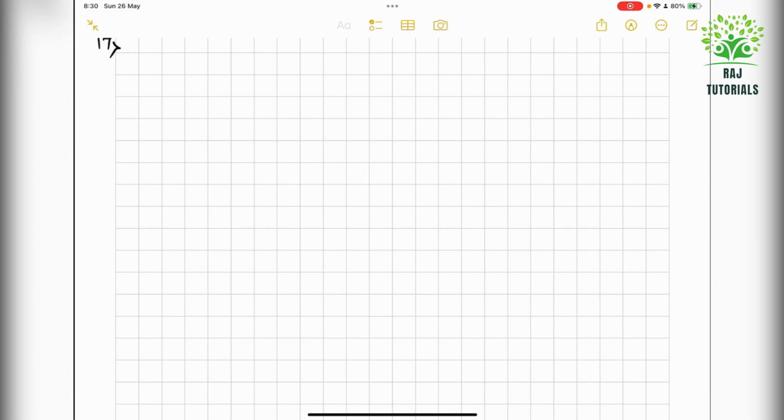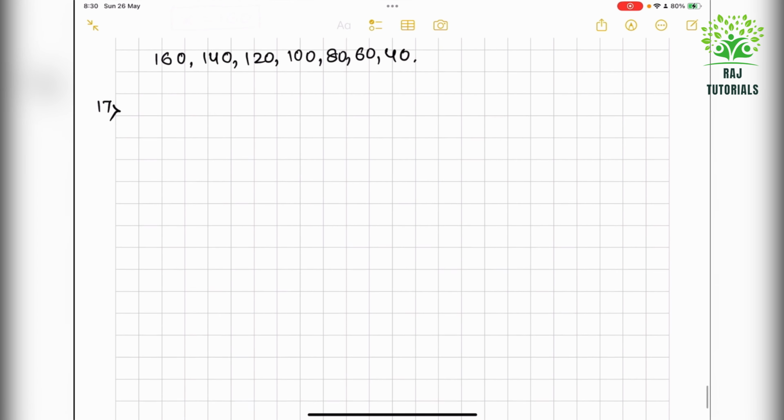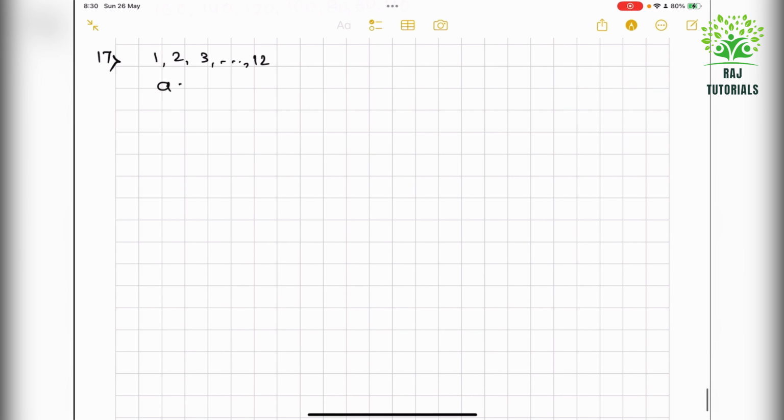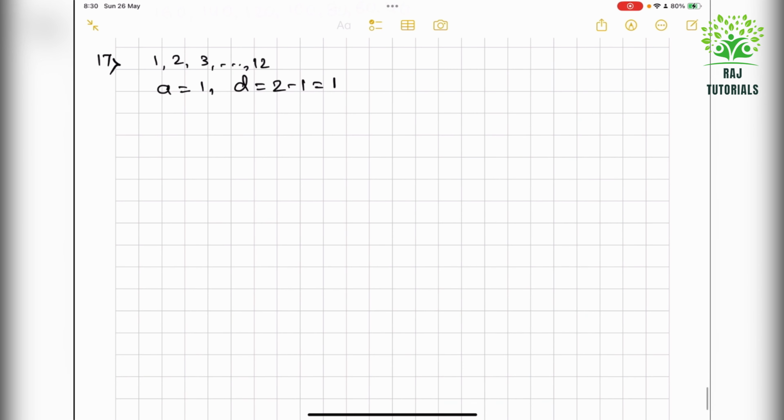So here we can see that it is clearly an AP. So 1, 2, 3 till 12 classes are there. So the first term A will be 1. D also will be 2 minus 1, that is 1. So Sn equal to n by 2 into 2a plus (n minus 1) d.